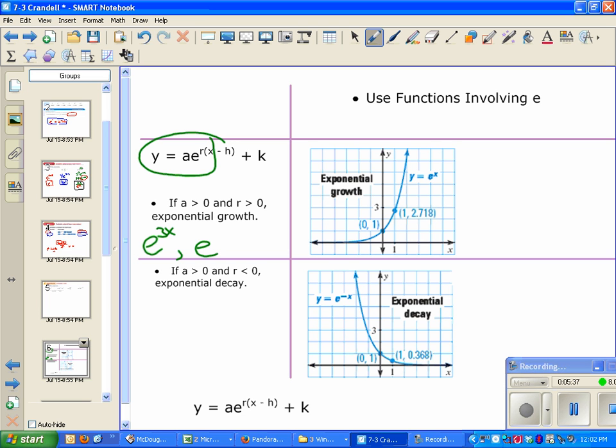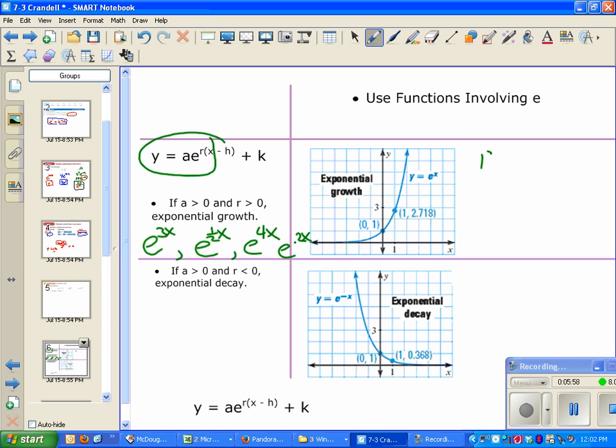Or e to the 1/2 x, that's still positive. As long as r is positive, these are all growth functions. It could also be e to the 0.2x. We're not worried about less than 1 or greater than 1. All we care about is if the exponent is positive.